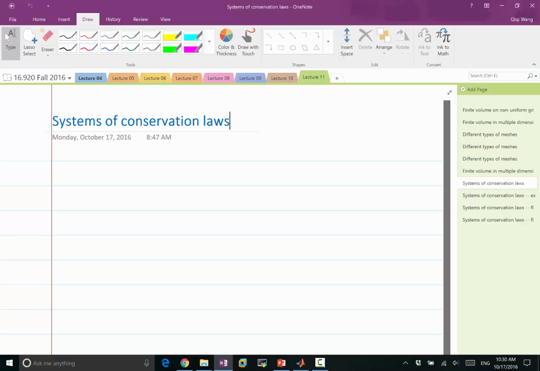The simplest type of conservation law is coupling two quantities. So the time derivative of, let me illustrate it in a scalar sense, the time derivative of u1 plus a flux, I call it f1, of u1 and u2 dx is equal to 0.